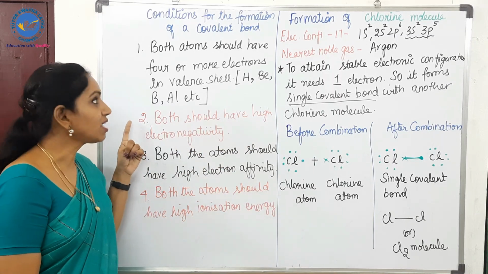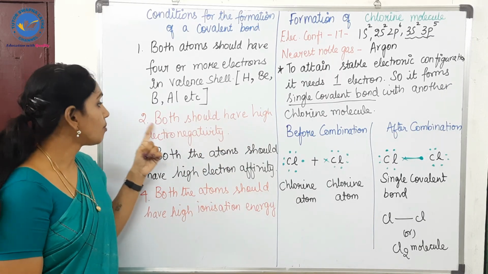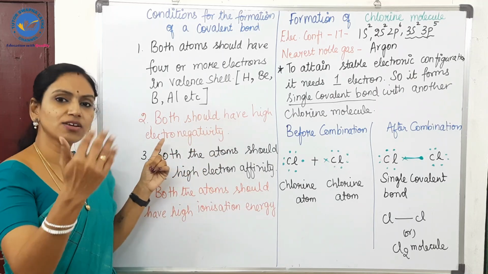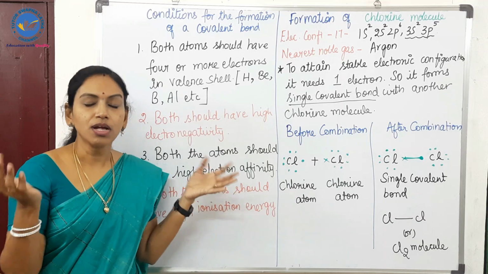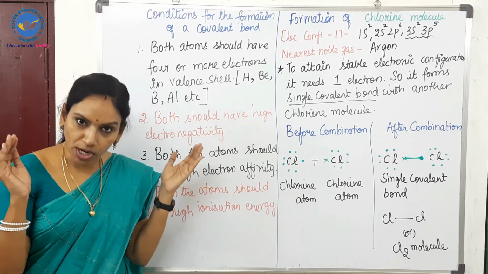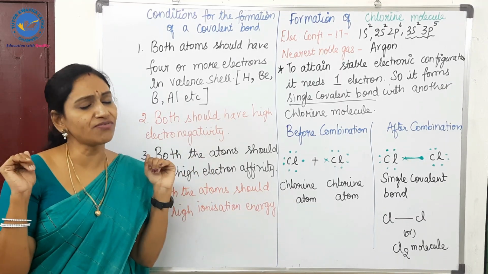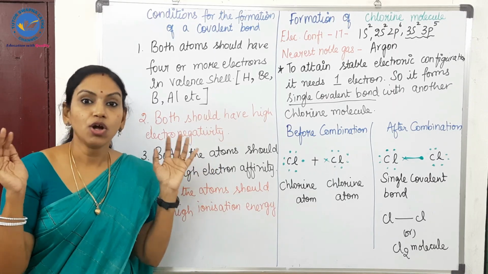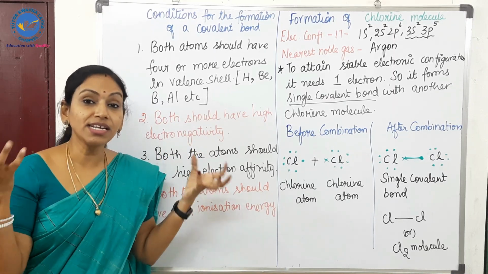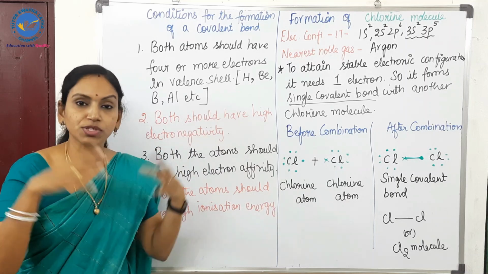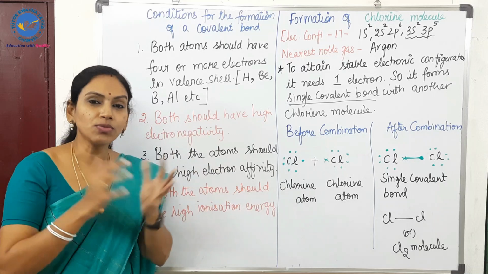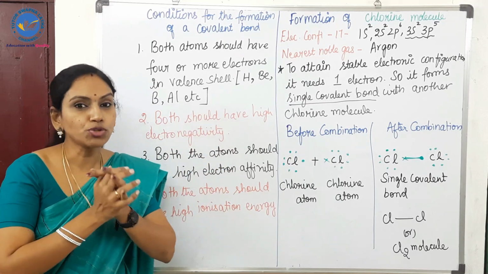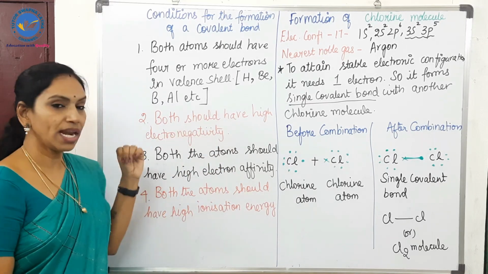Next, the second condition is both should have very high electronegativity, because both are non-metals. So when both are non-metals, they will definitely have high electronegativity. Electronegativity is the tendency to get an electron. So if both atoms have very high electronegativity, both will mutually share their electrons.